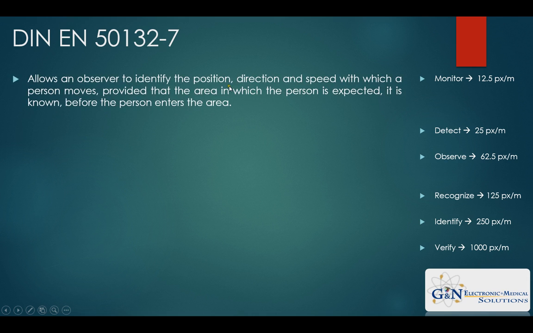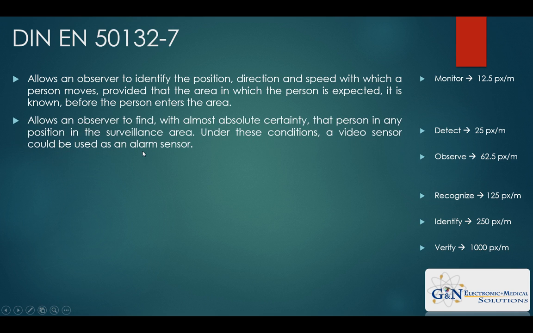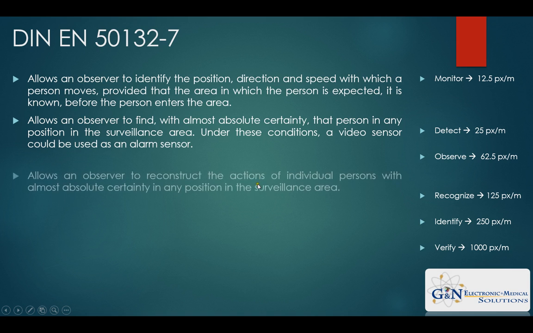So as concerning the monitor, we need to know if we have someone moving inside our scene with direction and speed or something like that. So we need to know if someone is moving inside the area that we try to identify. They are more or less known to the people that use CCTV. So the detect is allowing an observer to find out with certainty that the person is in a position in the surveillance area.